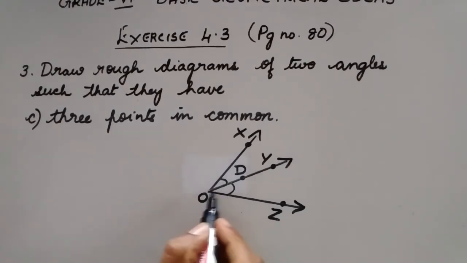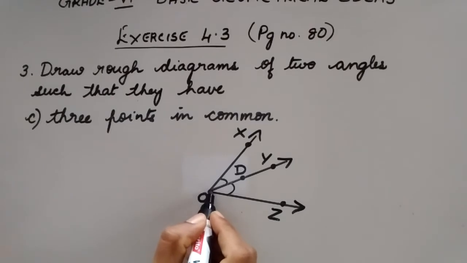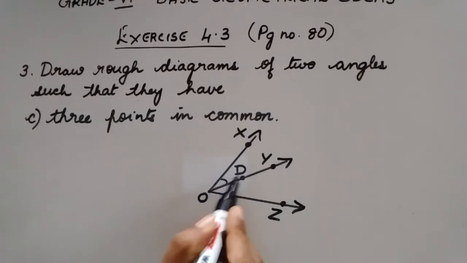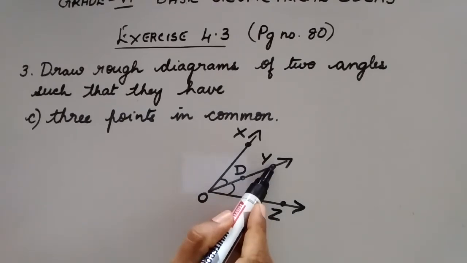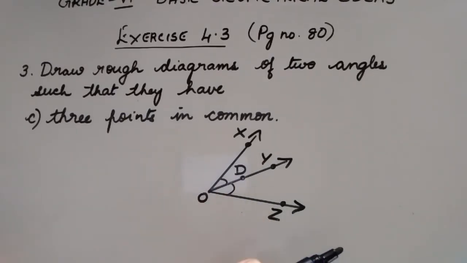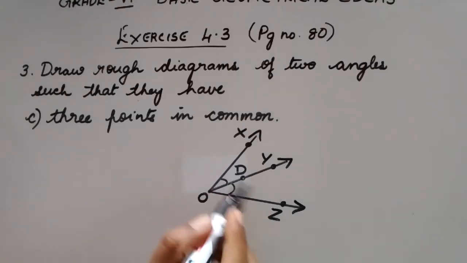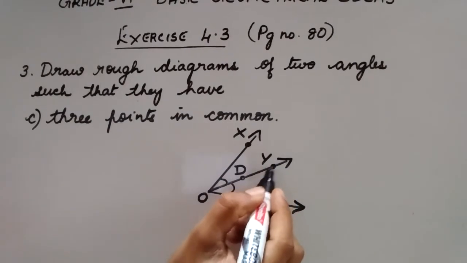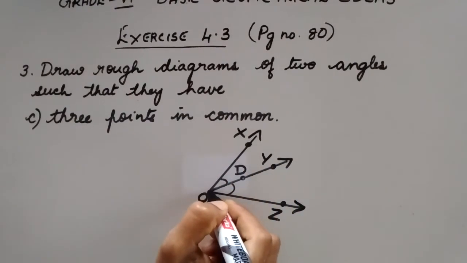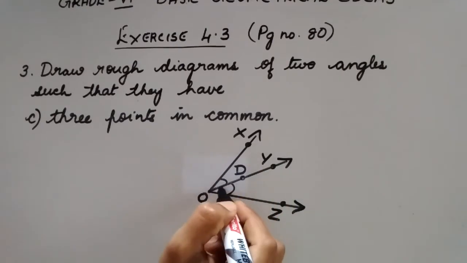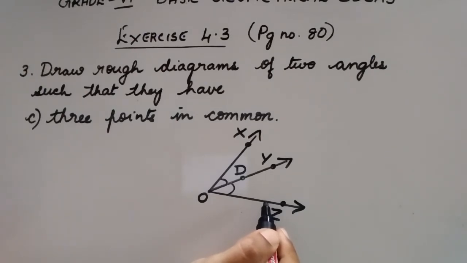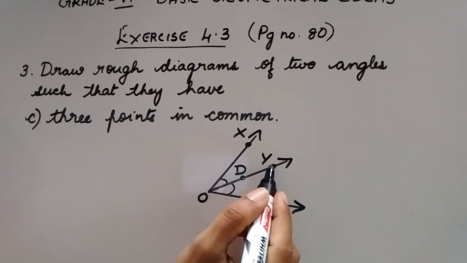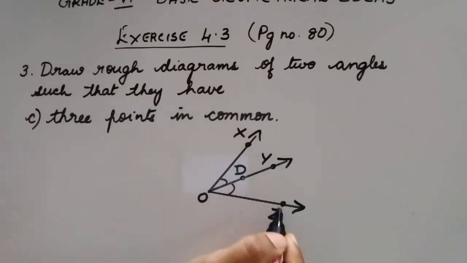That is, one point is O. O is shared by both the angles, and also D is shared by both the angles, and Y is also shared by both the angles. So this is the common side, students. This side is shared by both these angles. What is a common side? Common side is the side which is shared by both these angles.